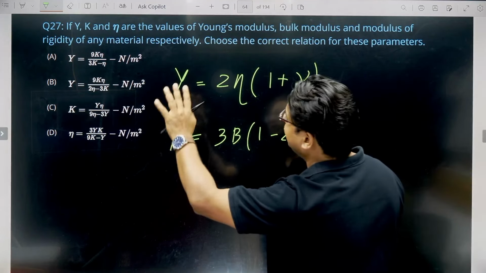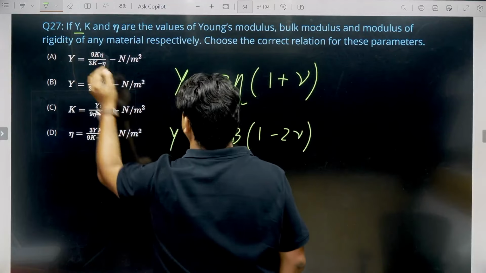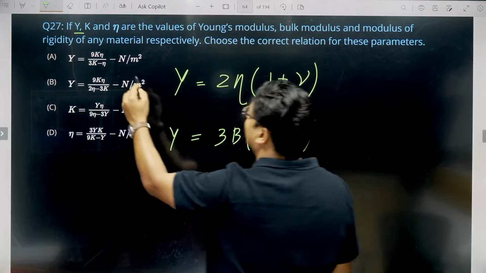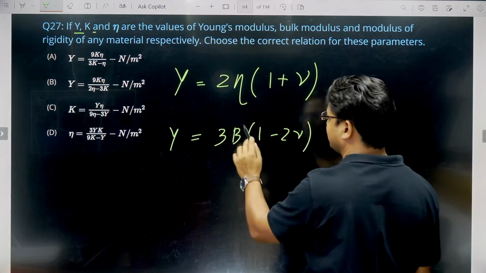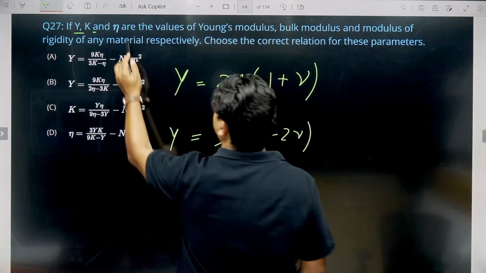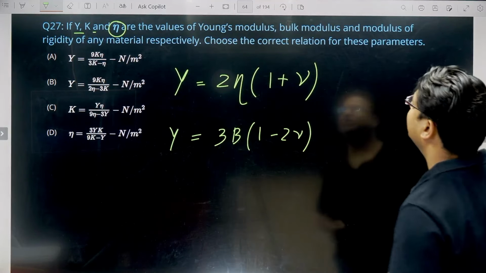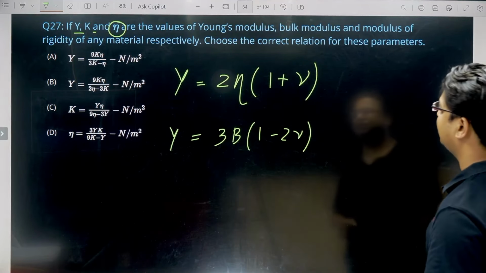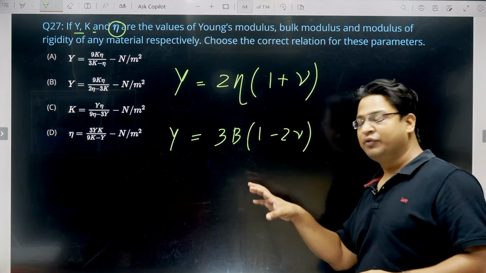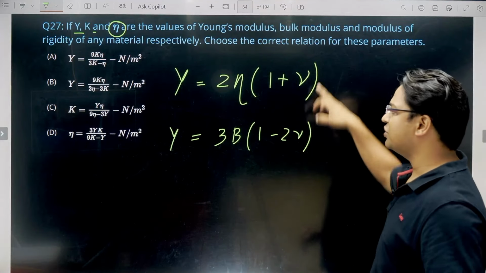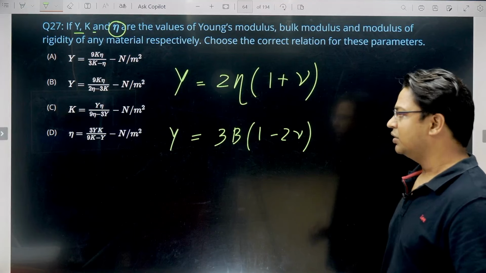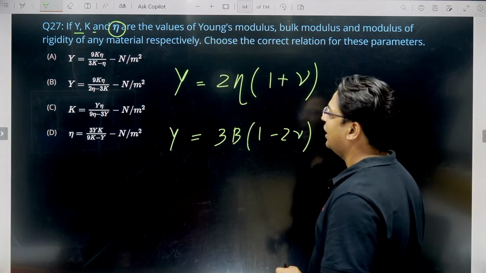So right now we have been given the relationship between Young's modulus, which I'm denoting with Y only, and bulk modulus, which I'm denoting with B, and eta is the modulus of rigidity, which I'm again denoting with eta itself. What we do not need here is the Poisson's ratio, so I will try to eliminate it.